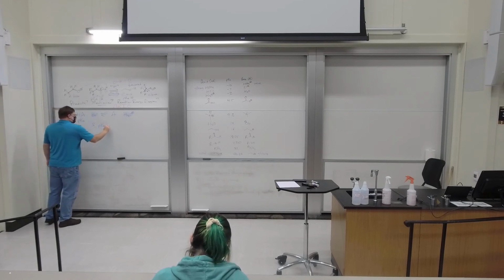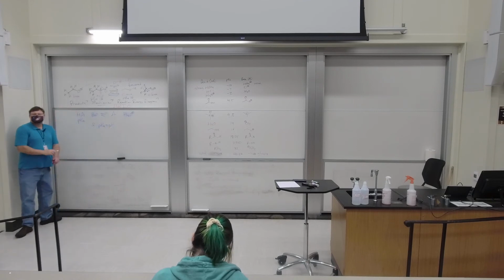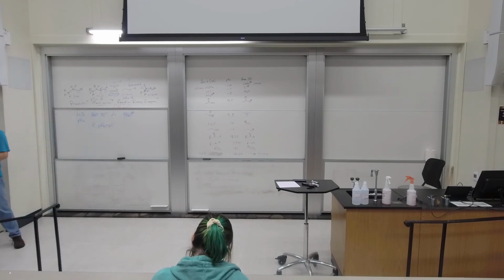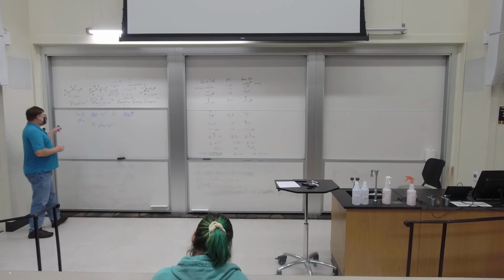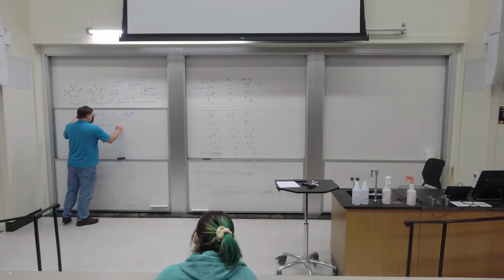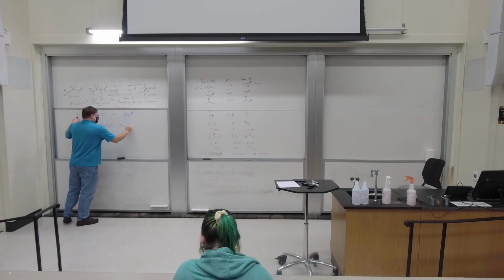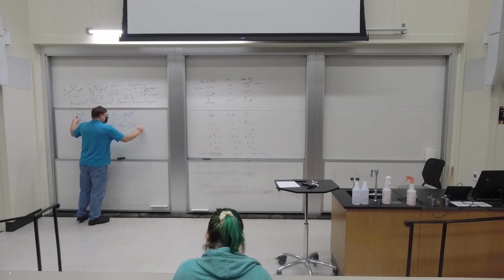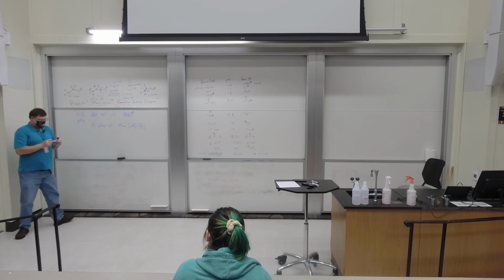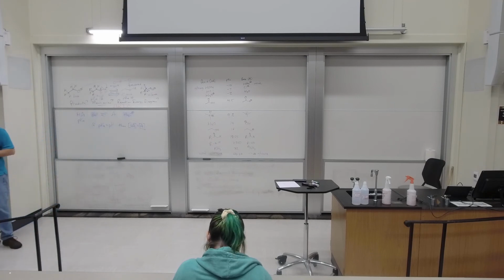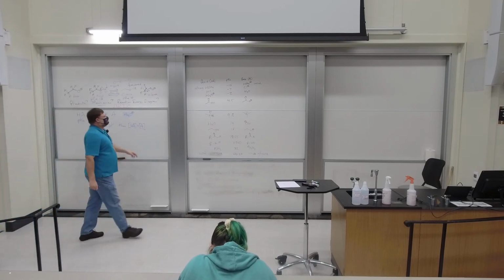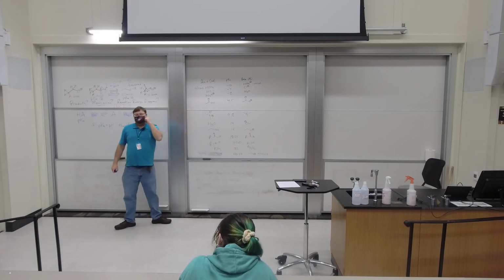If the pKa equals the pH, then the concentration of the protonated form of the acid is equal to the deprotonated form. So if you look over here, acetic acid has a pKa of 4.5.